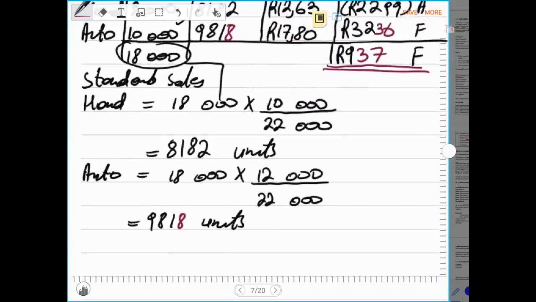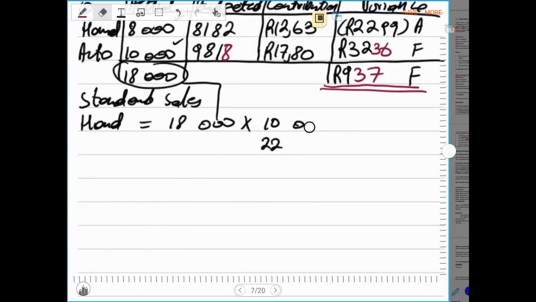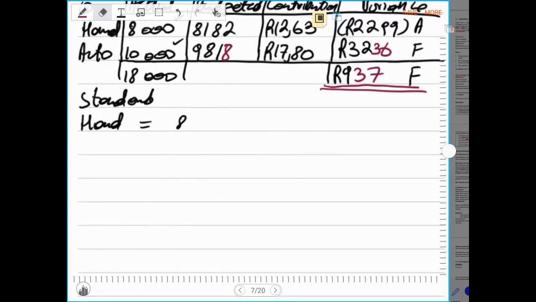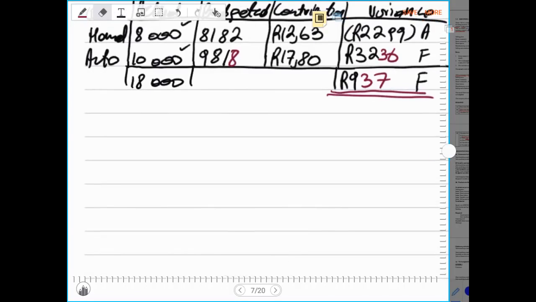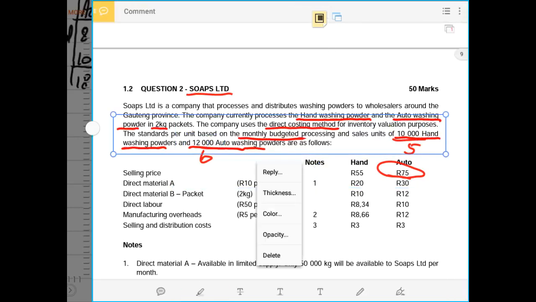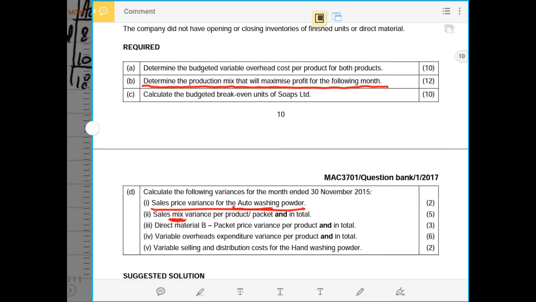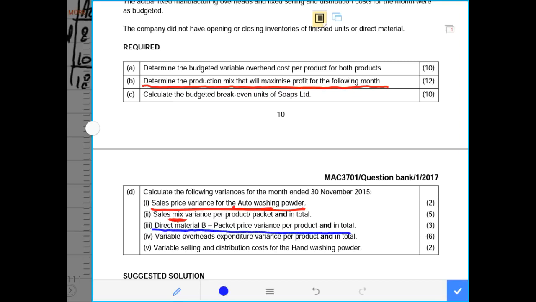Then we go to the third variance that was also required for us to do. Remember, they required us to also calculate the total for this, so hence I provided the column for the total. The third variance that we are required to analyze is the direct material B variance, which is price variance per product and in total, meaning for each product and also in total.